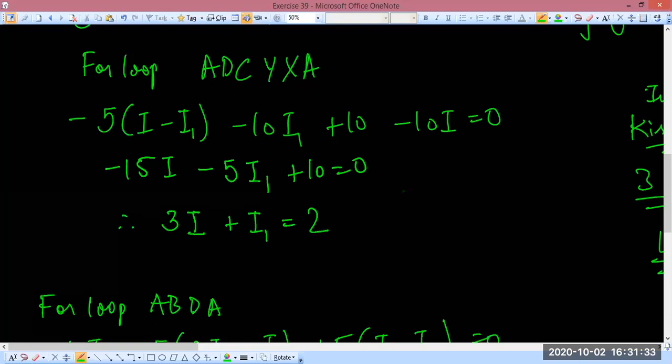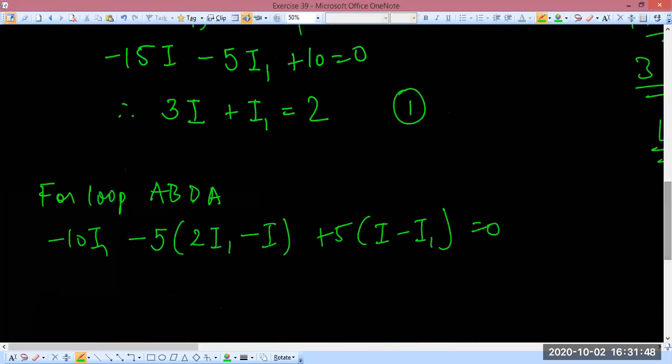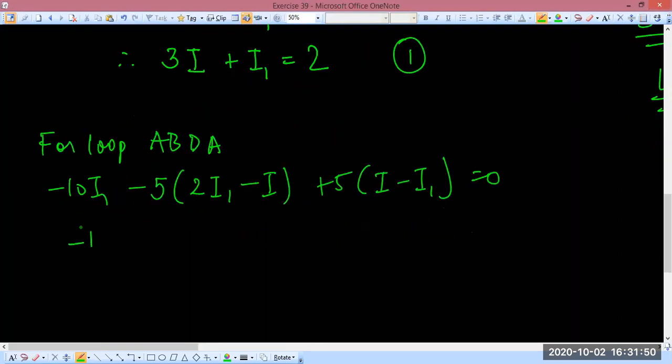This is one equation. બધેથી 5 કટ કરી નાખો. Now second. All right.